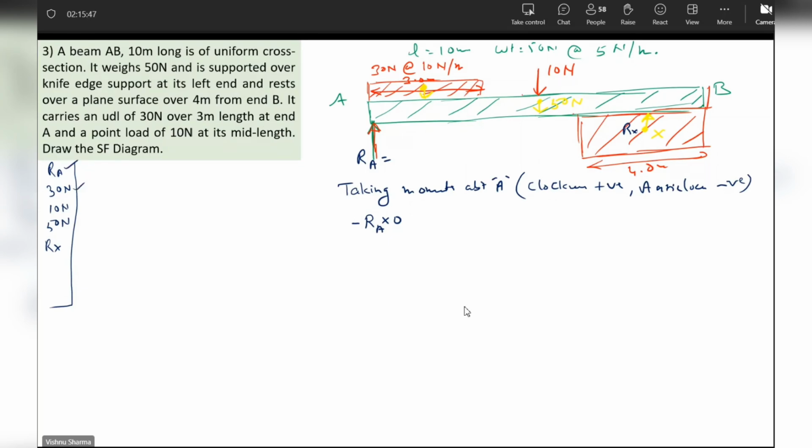Plus, UDL, 30 times 1.5. Plus 30 into 1.5. Very good. Then 10 Newtons, plus 10 into how much? 5. 50 Newtons, plus 50 into 5. Minus Rx into how much? 10.